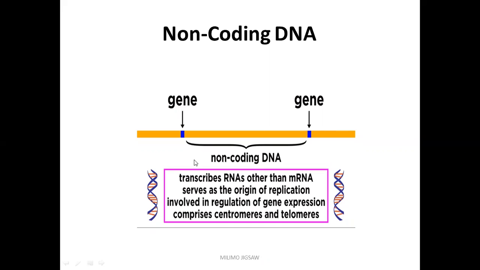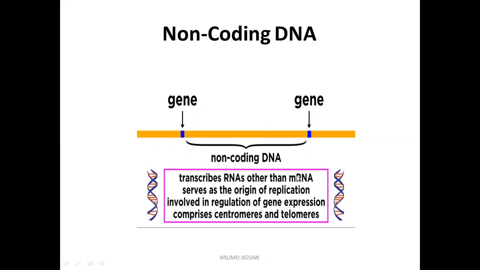This non-coding DNA may function to transcribe RNA, except for messenger RNA. It can serve as origins for the process of replication, and, important as well, it is involved in gene expression regulation. It also comprises centromeres and telomeres.